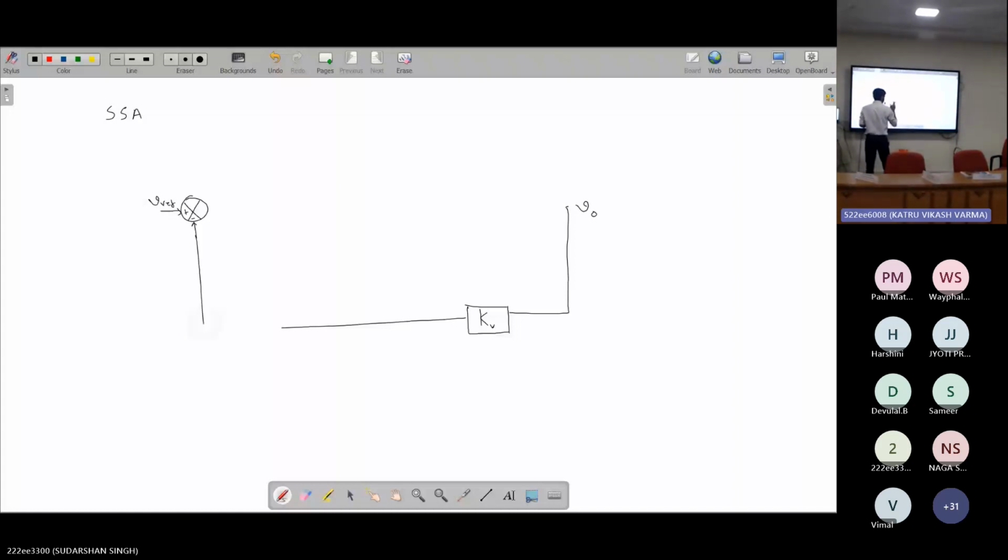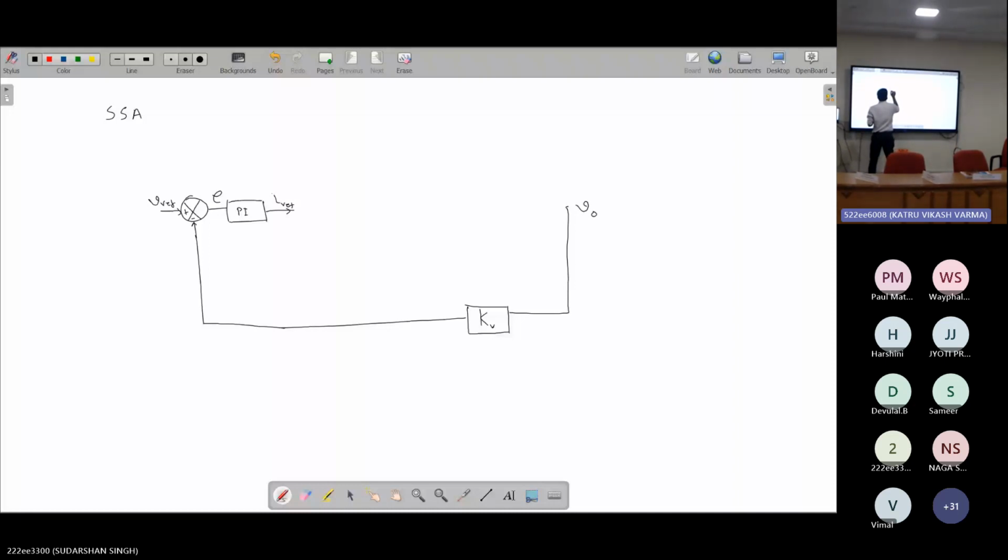I'm drawing this block diagram from the circuit diagram that we have already drawn in the previous page. Then the error will generate, and this error we are passing through the PI controller to generate the inner loop reference signal, which is IREF.